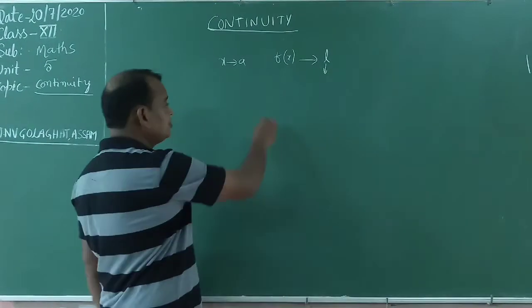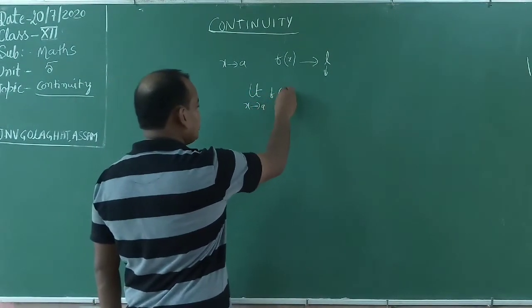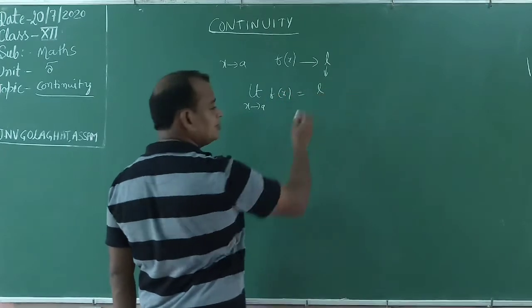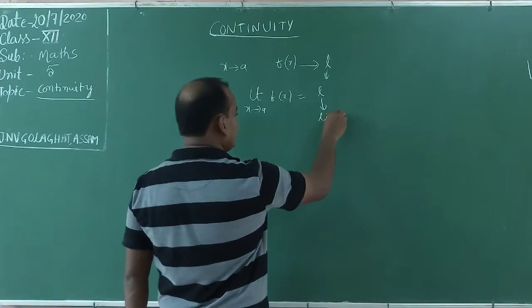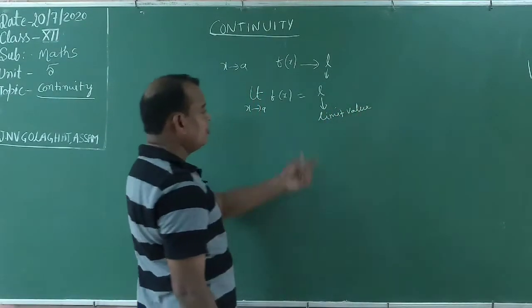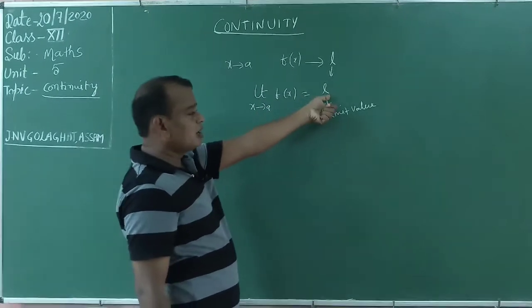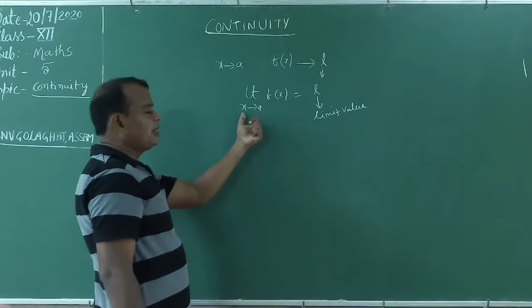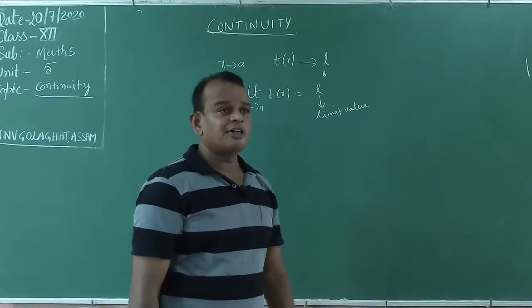How do we write that? Limit x tends to a, f of x is equal to L. L is called the limit value of f of x at x equal to a.